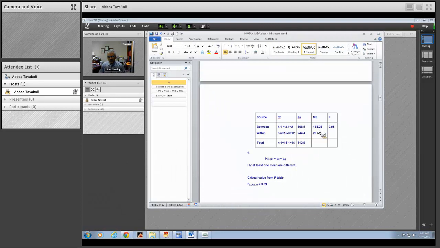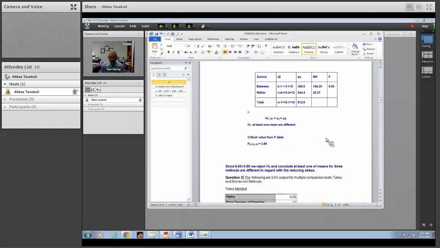You put in your sum of squares. The mean square is basically 368.5 divided by 2, and 244.4 divided by 12 is 20.37. F is basically the mean square between divided by within, 184.25 divided by 20.37, which is 9.05.